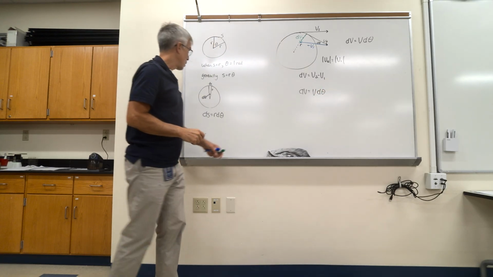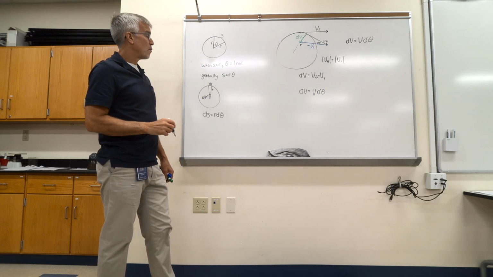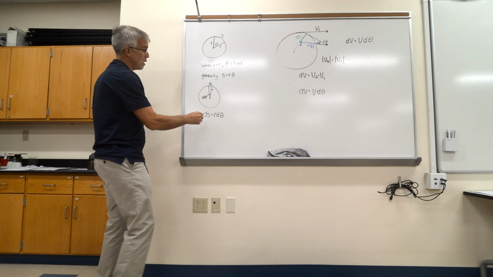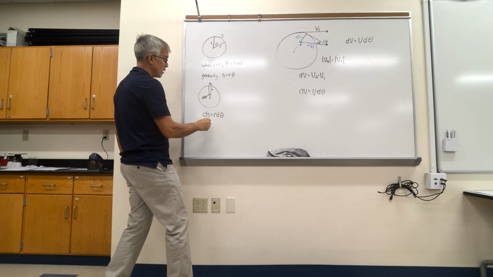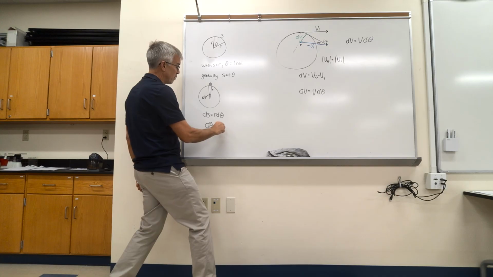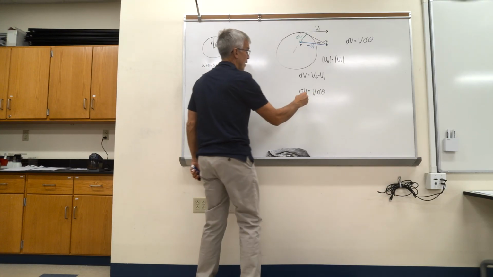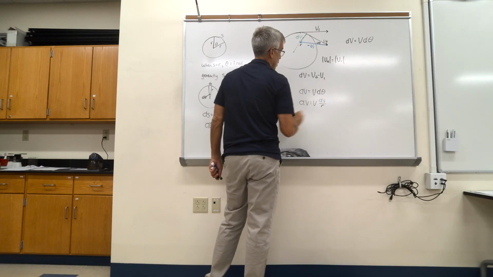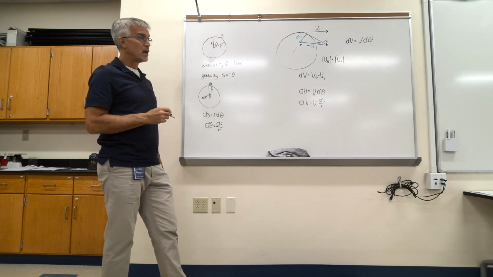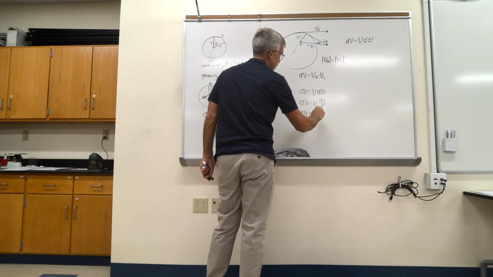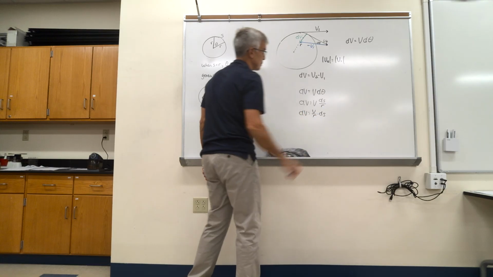Now I'm going to come back over here and solve this for d theta. So d theta equals ds over r. I'm going to replace d theta with that, and rearrange the terms a little bit. So dv equals v over r times ds.